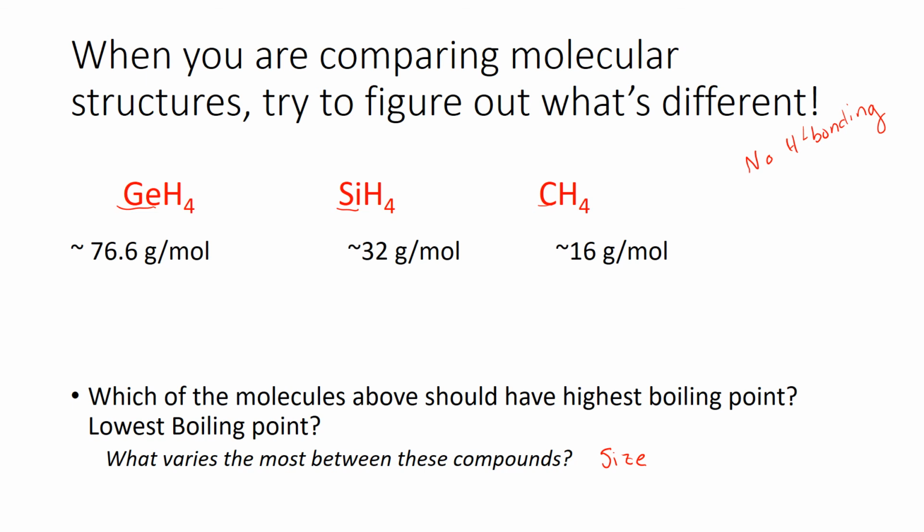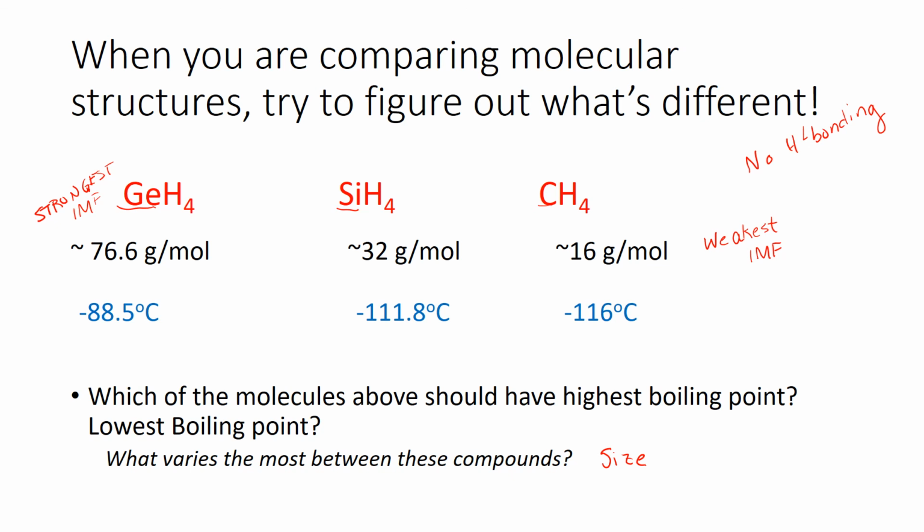And with that in mind, I predict that the smallest molecule will have the weakest intermolecular force strength, and that means the lowest boiling point. And the largest will have the strongest and the highest boiling point. And sure enough, that's exactly what we see.